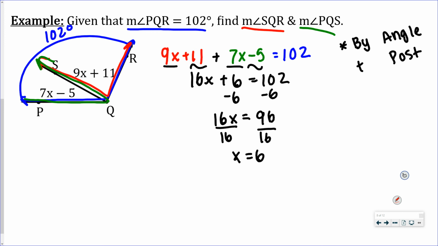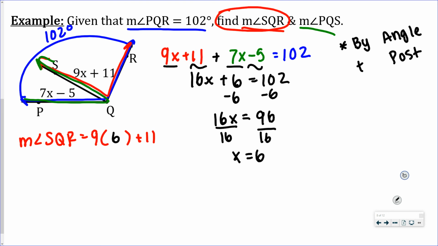We're asked to find the measure of SQR, which is 9 times x plus 11. So we know x is 6. That's 65 degrees.